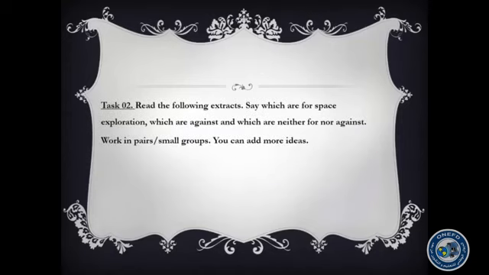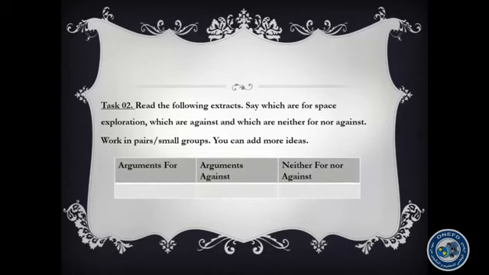Task 2 is a sort of reading activity. Read the following extracts, say which are for space exploration, which are against, and which are neither for nor against. You can work in pairs or small groups, and you can add more ideas. The next extracts speak about space exploration.